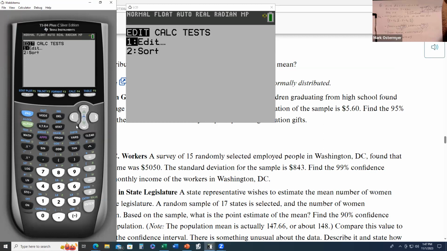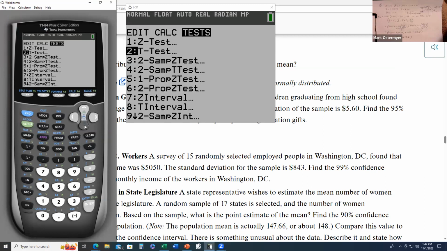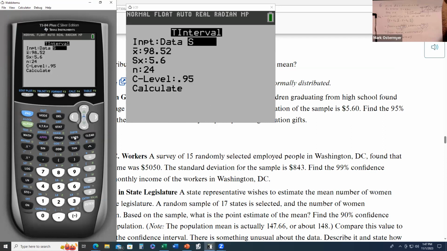So we go to stat, tests, stats. And what was our sample mean? It was 5050. The sample standard deviation is 843, as we use that as a point estimate for the unknown population standard deviation.